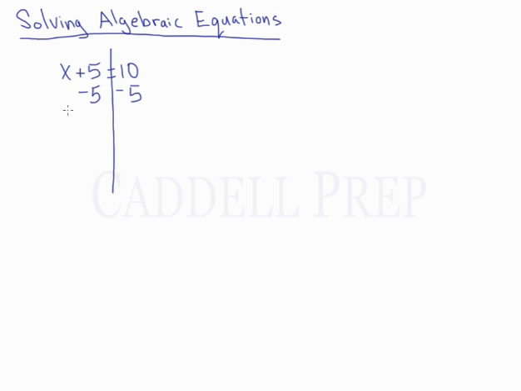So 5 minus 5 is 0, so that's just gone. I'm left with x on this side. And 10 minus 5 is 5. So we find that x is 5, but again, we probably could have just figured that out without doing any algebra. So let's just go through some more examples.